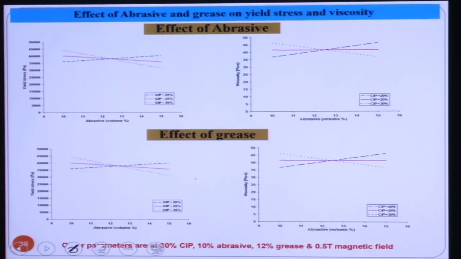And when you are adding these abrasive particles, from 20% the yield stress is almost constant, but from 25% to 35% you can see the yield stress actually reduces. A similar thing happens for viscosity also. So why, if we increase the abrasive particles?